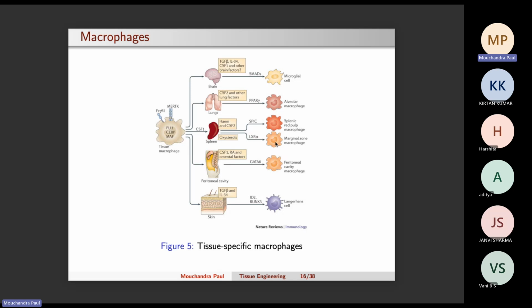In the spleen there are macrophages like the red pulp macrophage and marginal zone macrophage. Then in the peritoneal cavity there are peritoneal cavity macrophages, and in the skin there are Langerhans cells. So our innate immunity is present everywhere, at the organ level as well as in the bloodstream.